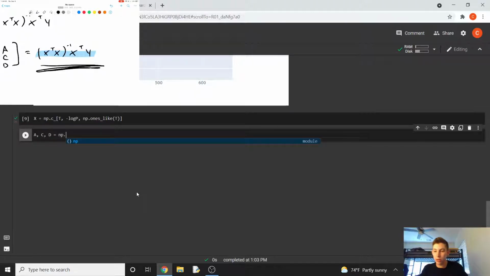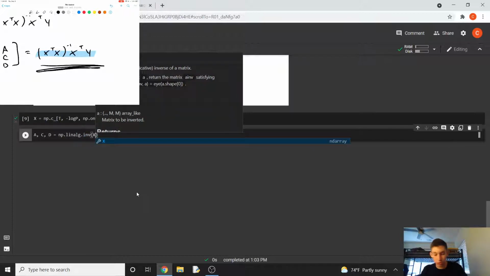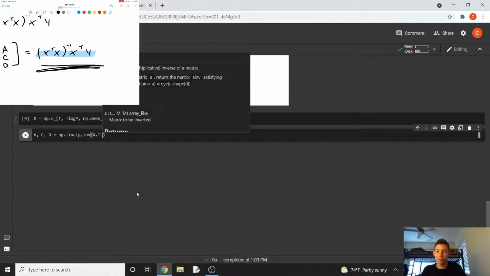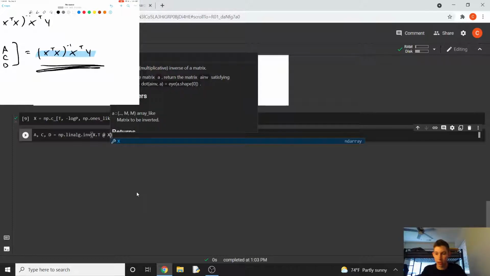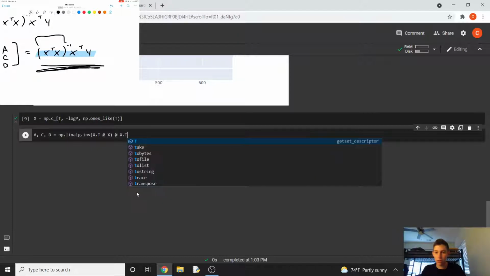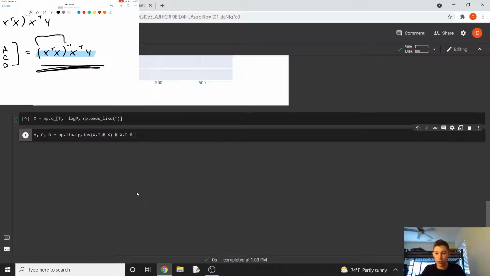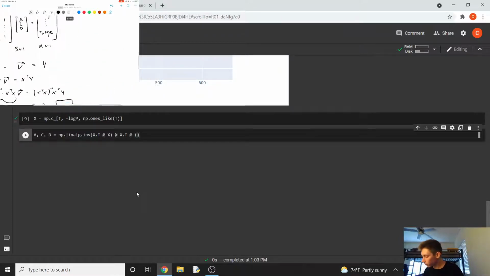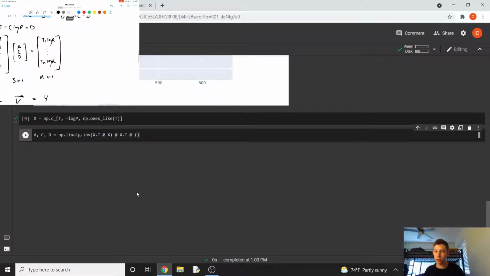So we do np.linalg.inv, and then we're going to do the x transpose, and in Python, when you multiply matrices, you use the @ sign, so multiplied by the design matrix. So that's just this first part here, and then we're multiplying that by the x transpose, and then we're multiplying it by y, which in this case is up here, rt times the log p.